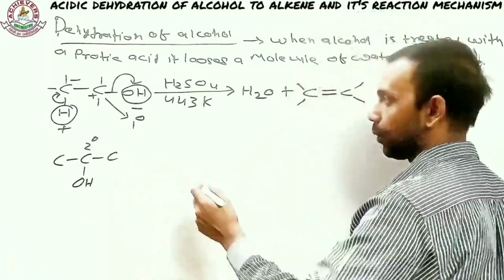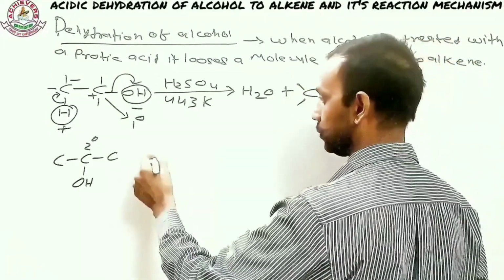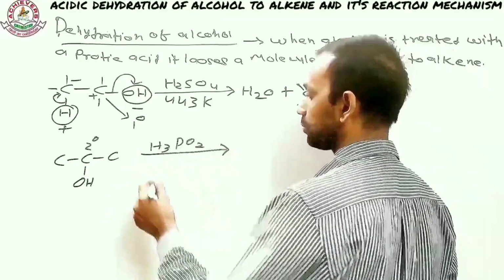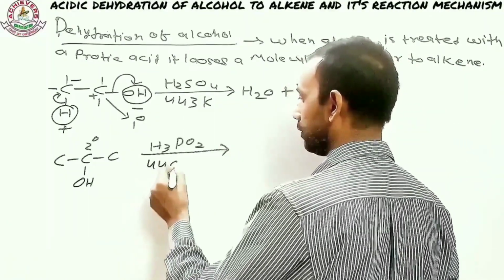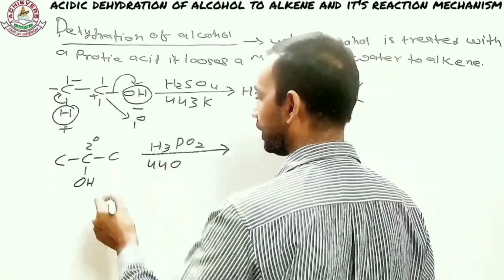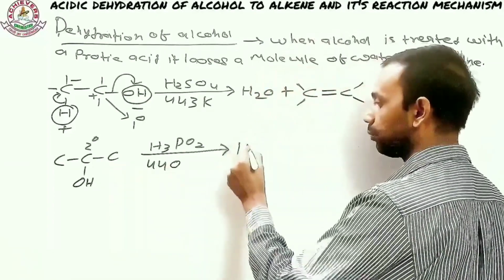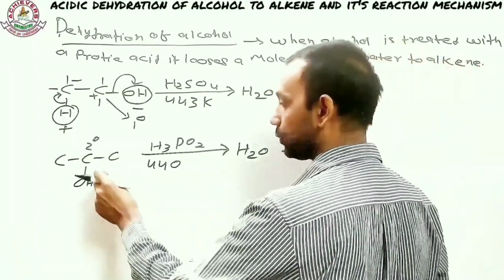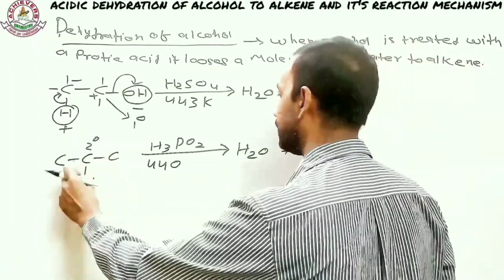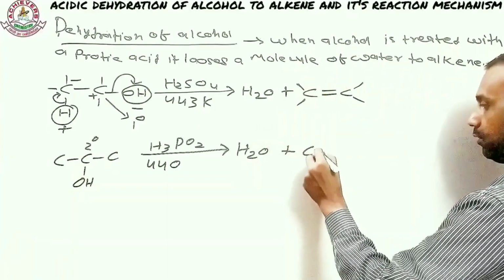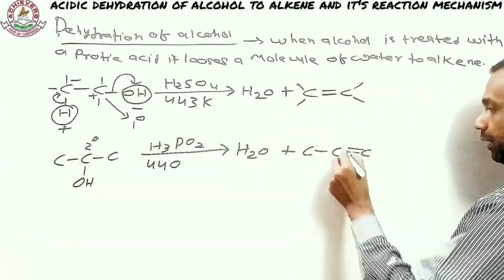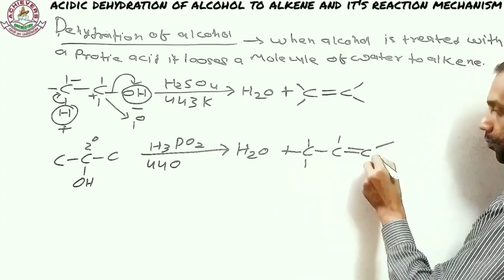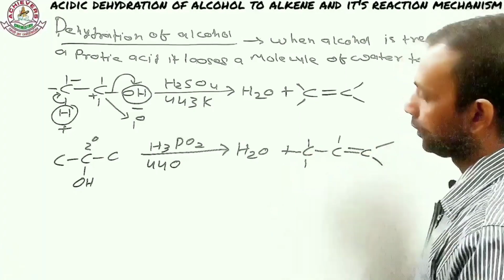This comes out at around 440 Kelvin, and the very same thing happens. One molecule of water is generated as a byproduct, and in the other product you can place the double bond either here or here. So you get propene.